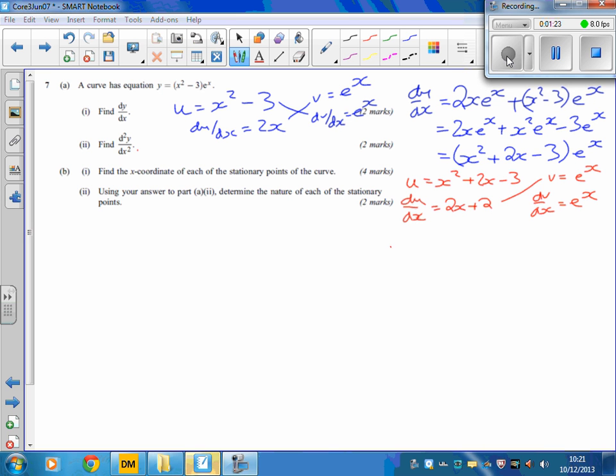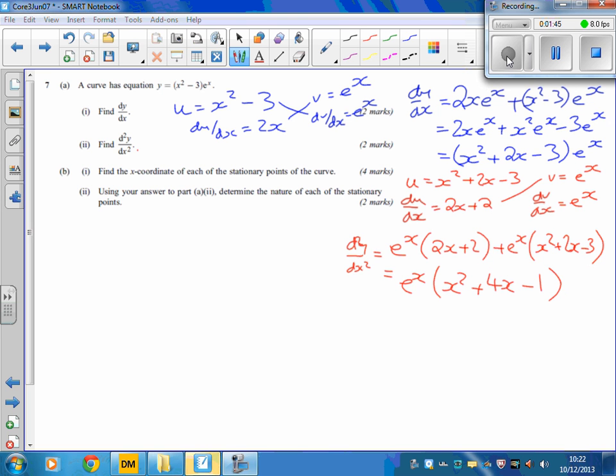Chain rule again, d2y by dx squared this time, sorry, is e to the x times by 2x add 2 plus e to the x times by the x squared thing we started with. Again, if you did want to tidy that up, you could work it all out to be that, but this is good enough here for the 2 marks there. So we got 2 marks for the blue one, 2 marks for the red one.